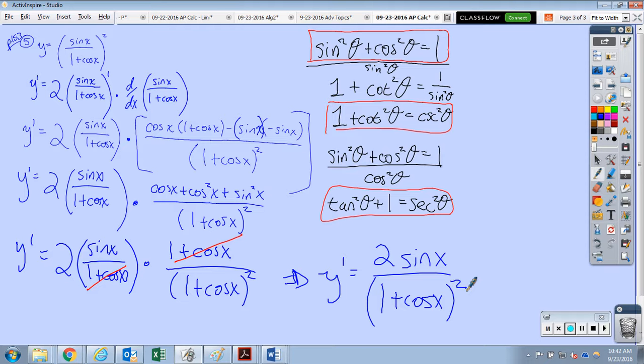I foiled the bottom, expanded this, and canceled stuff out. So we got that extra, we got 2 sines. Now be careful, when you're canceling up and down diagonally, we need to have a product. Because you can't do that since it's addition. Yes, be careful here. Now I got it.